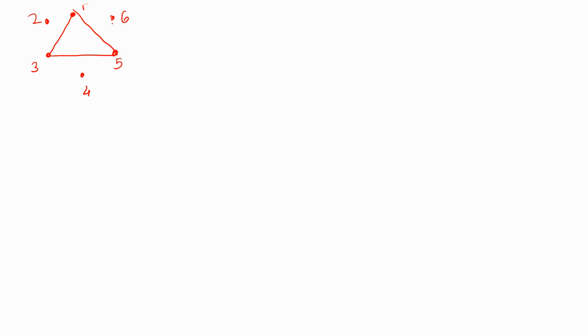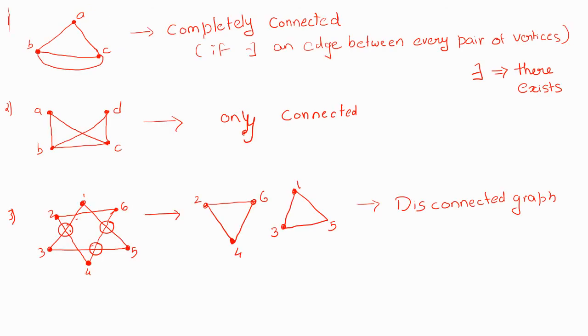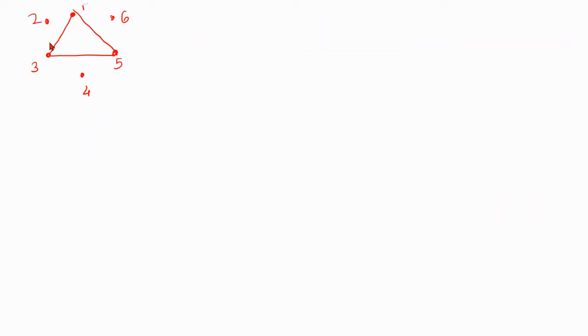In the earlier graph, there is an edge from 2 to 4, there exists an edge from 4 to 6, and 2 to 6 is the case, and there is no connection between 1, 3, 5 and 2, 4, 6. Therefore this is a disconnected graph.